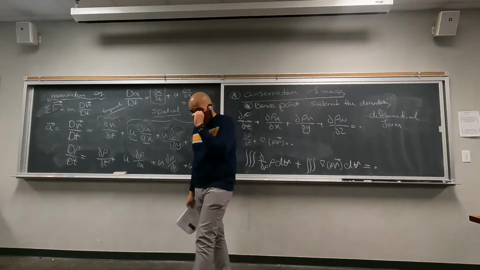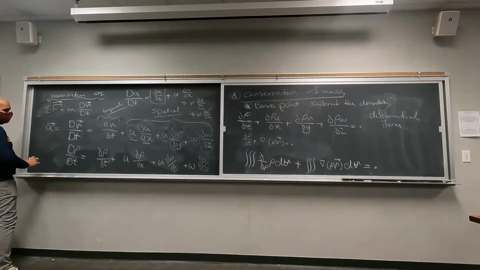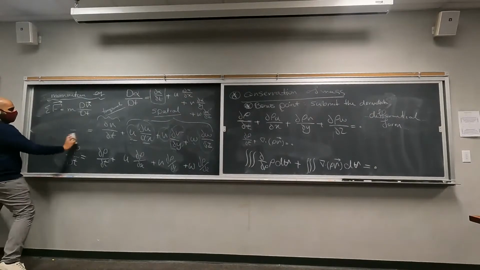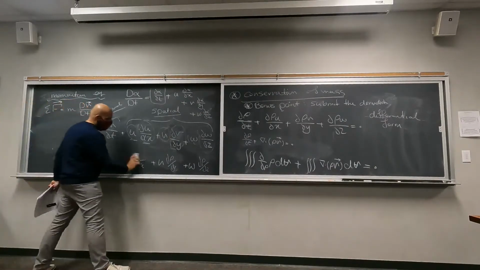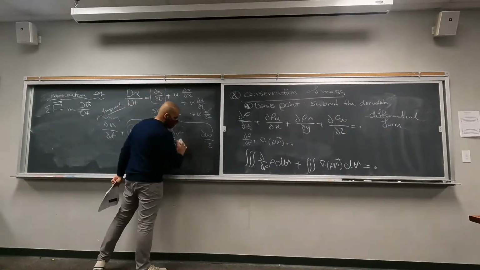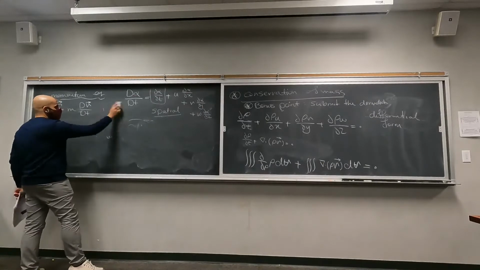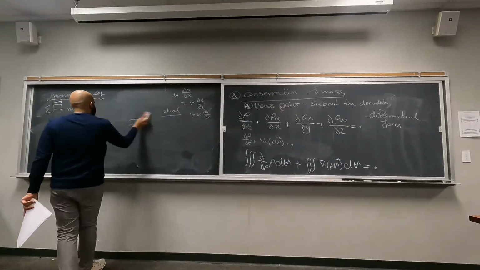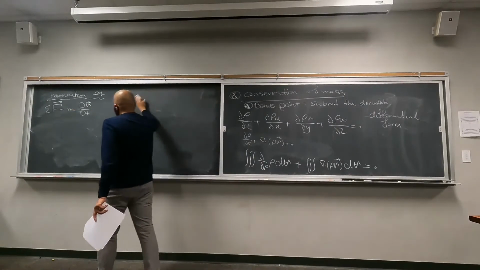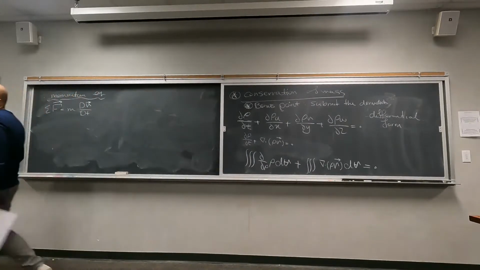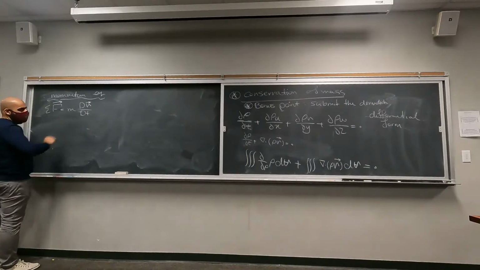Okay. So we understand the total derivative. We understand the total derivative for acceleration. And let's go back to the momentum equation. The idea was, momentum equation is based on Newton's second law. Let's talk about this right-hand side of the momentum equation first.